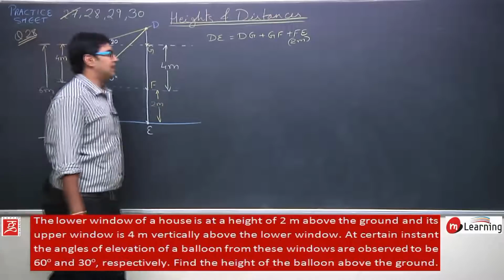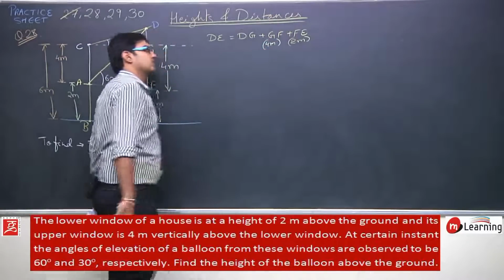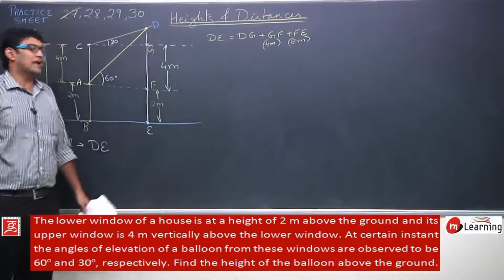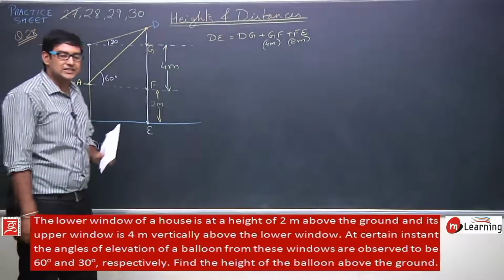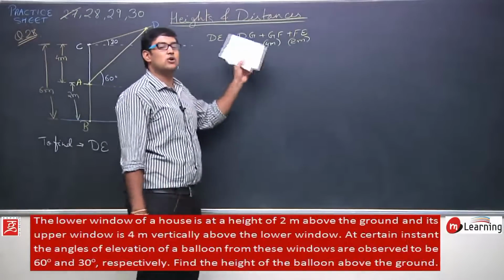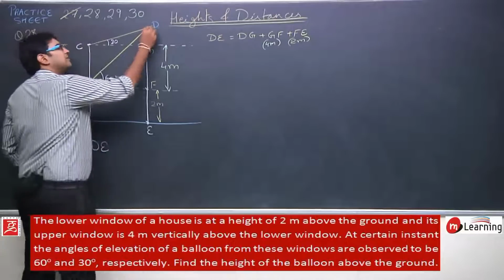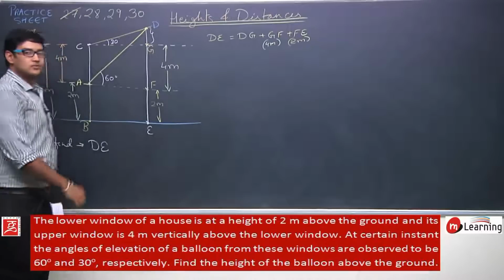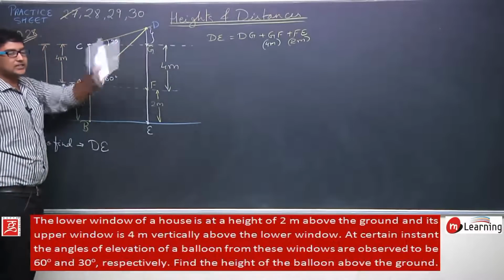So I have the length of GF as 4 meters. Now I have two values, GF and FE. Now the only task left is to determine the value of DG. So how to determine the length of this DG?